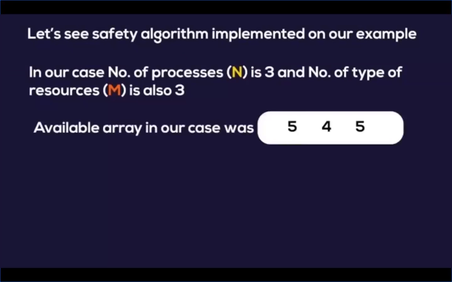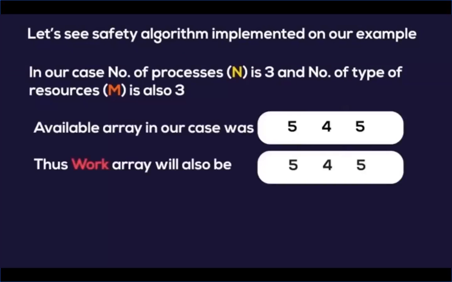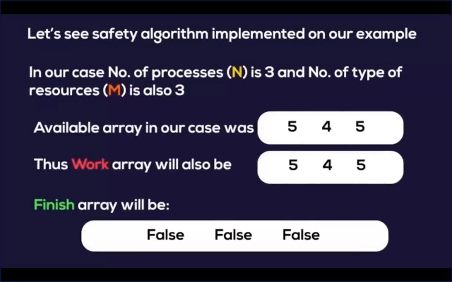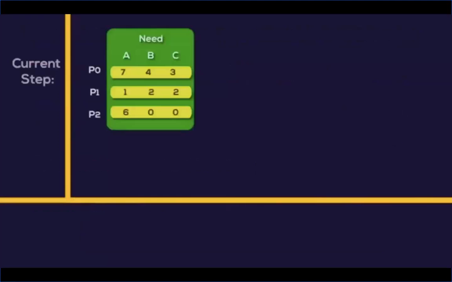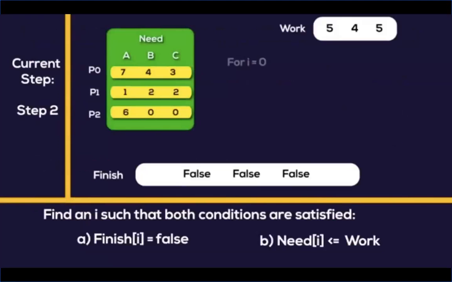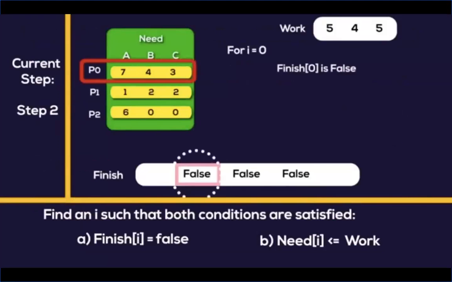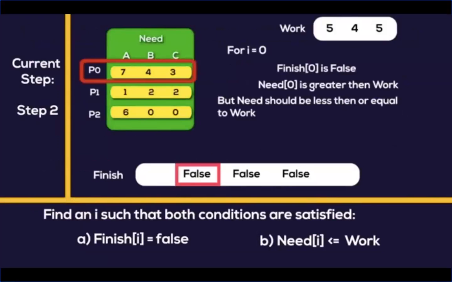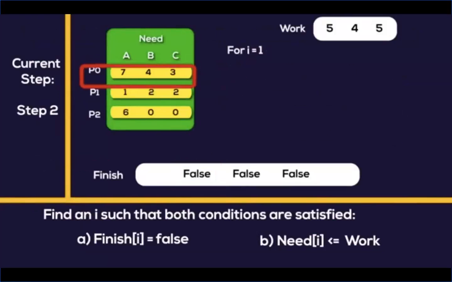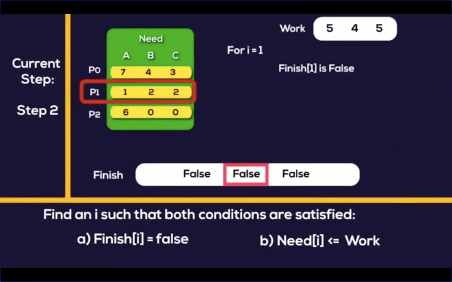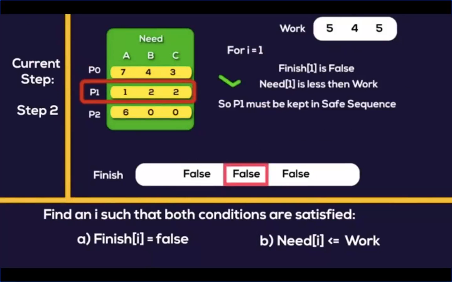This is the available array that is simply copied to work array, and finish array will be false. That is initialization. Need is less, that will be added to subsequence.